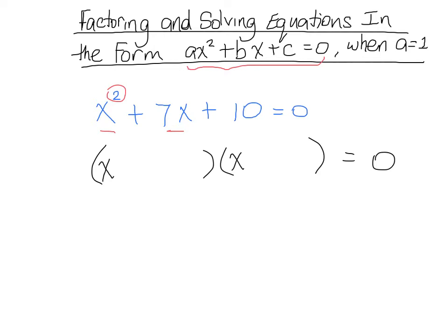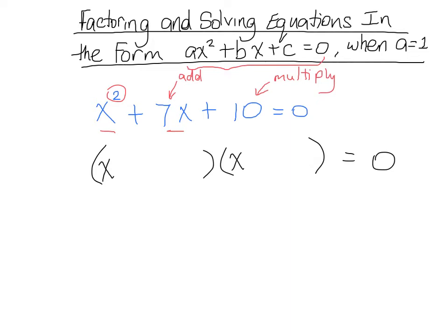Our next step is to look for two numbers that multiply to get our c. In this case, our c is 10, our last number, and add to get our middle number, or b. You want two numbers that multiply to get 10 and add to get 7.